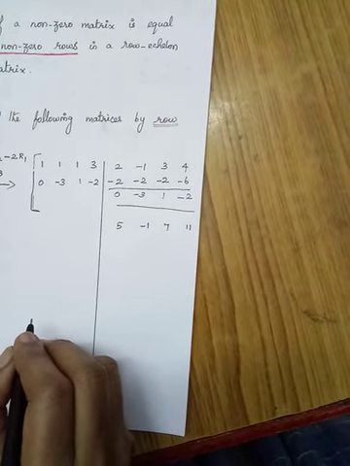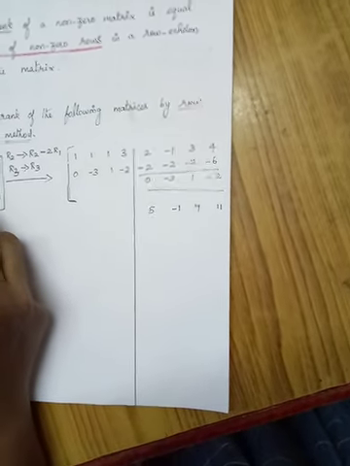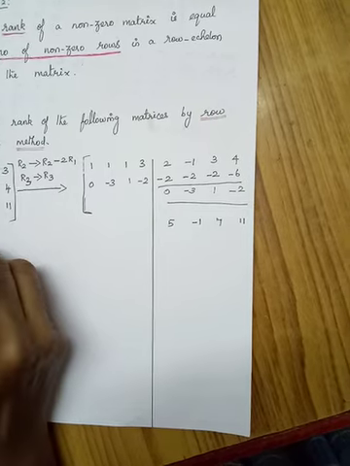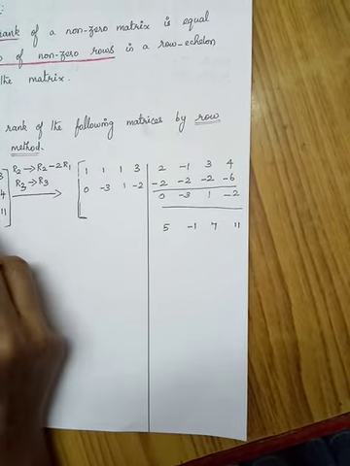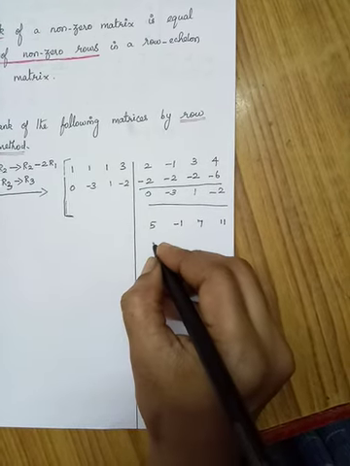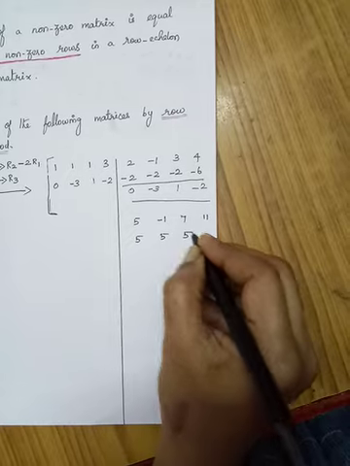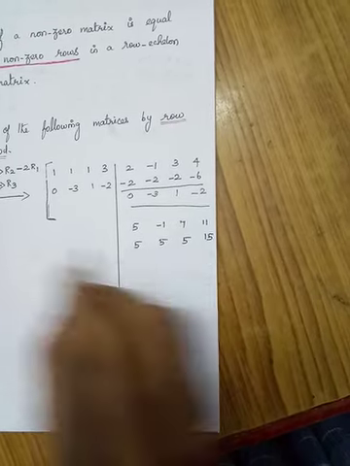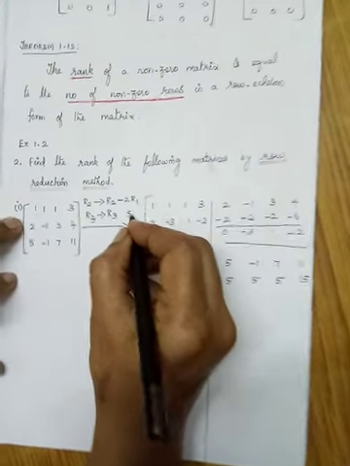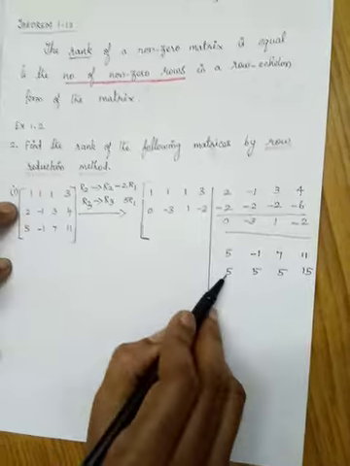Here the elementary transformation has to be done with R1. In the place of R1 you are having 1, so you multiply by the same number. The elements of R1 have to be multiplied by 5: 5, 5, 5 and 15. See what I did first: the elements of R1 multiplied by 5. Look at this, here also 5, here also 5.